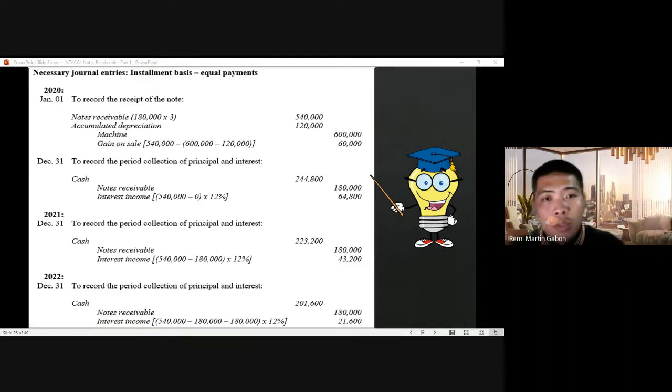Or if you want, make it hard on ourselves: 540 minus 180 in 2020, another 180 in 2021, the unpaid balance is 180. Okay? Kindly raise hand.